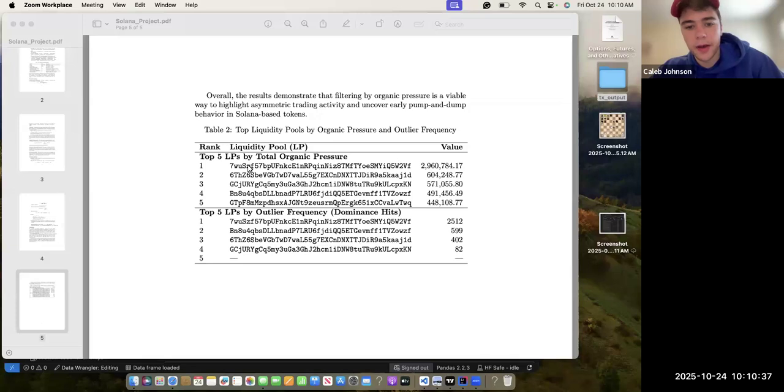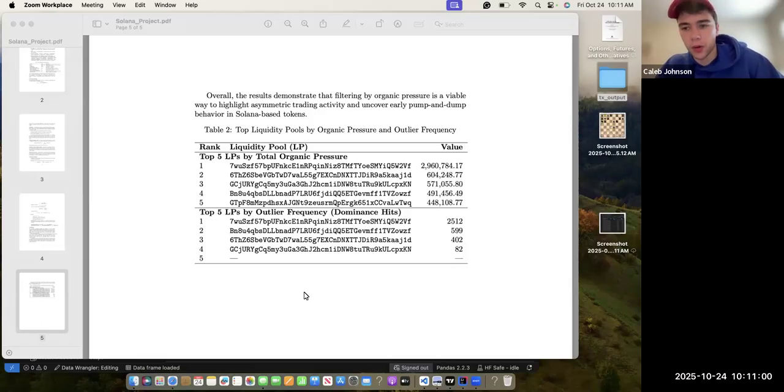I just take the top five liquidity pools by total organic pressure from every formula that fell into that threshold of 95% to 99.99% market maker.